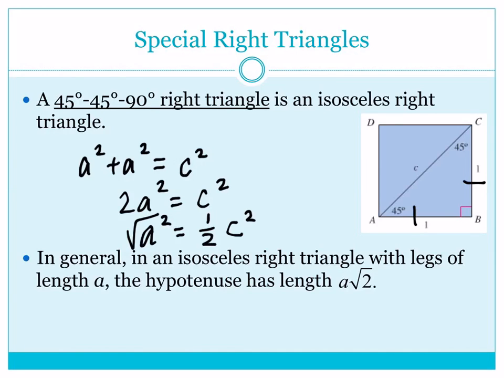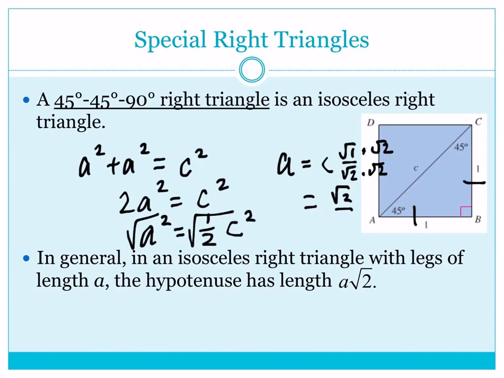We'll just keep right on going. We take a square root. So a, the side of the triangle, equals c. And then the square root of 1/2 would be the square root of 1 over the square root of 2, which can be rationalized as square root 2 over 2.